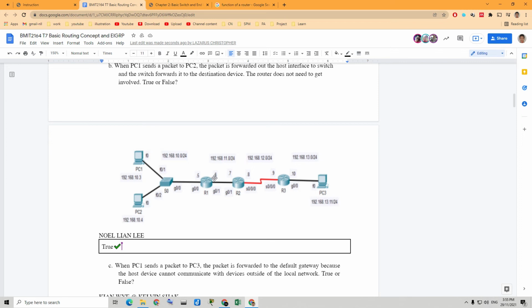So part B, since PC1 and PC2, you can see that they both belong to the same network. There is no need to involve the router. The switch is capable of forwarding between two hosts in the same LAN or same network, right?